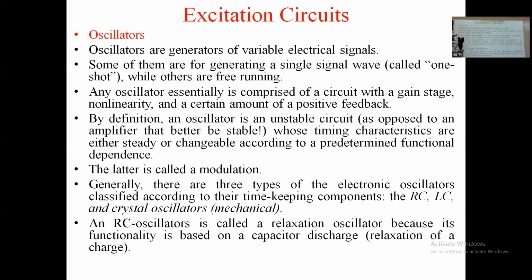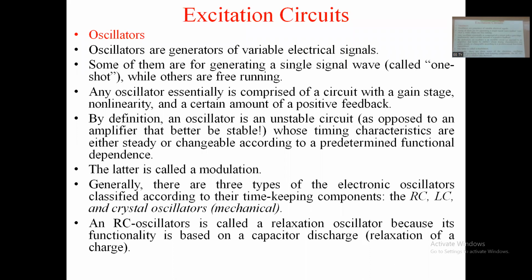Tuning fork oscillations, when we hammered on something, it oscillated, right? So by definition it is an unstable circuit, whose timing characteristics are either steady or changeable according to the predetermined functional dependence, depending on what the function was before. The latter is called modulation.